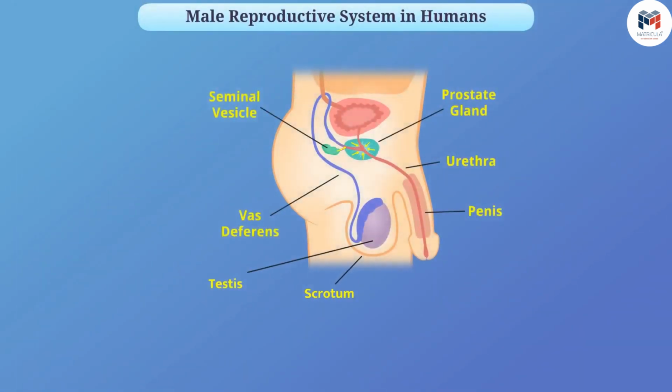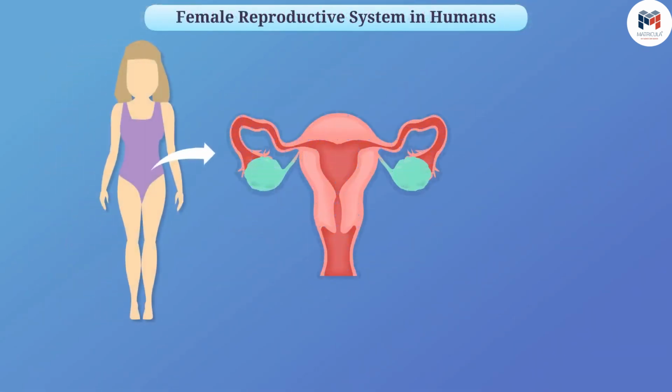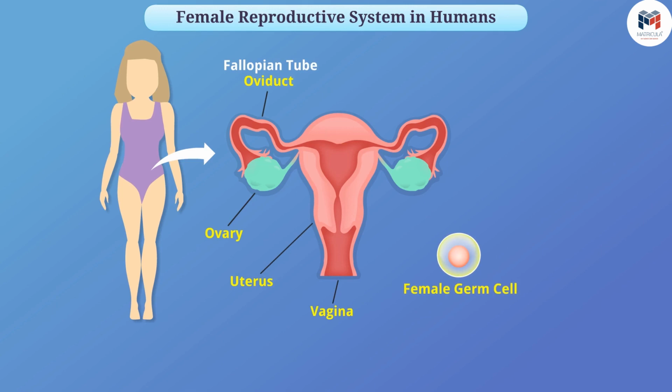Now, let's understand the female reproductive system in humans. The female reproductive system consists of ovaries, oviducts, which are also known as fallopian tubes, the uterus, and the vagina. A female germ cell, called an egg cell, is formed in the ovary. Various hormones such as estrogen are also produced in the ovaries.